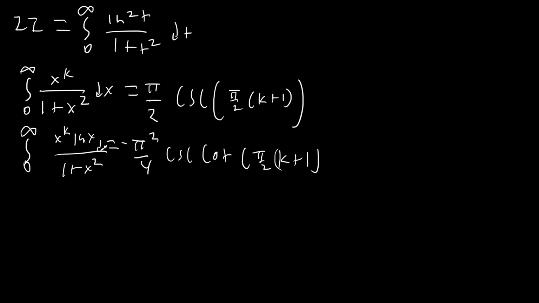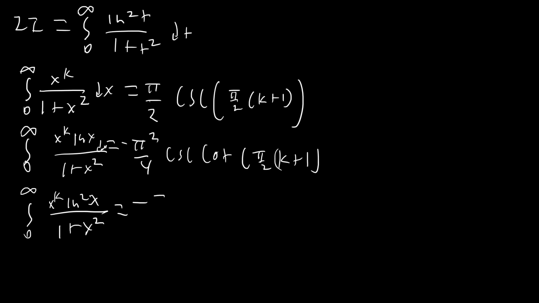And then we're going to go ahead and just differentiate again. And we can also go ahead and just plug in 0 everywhere we see k in this situation, since we don't have a power on the top.